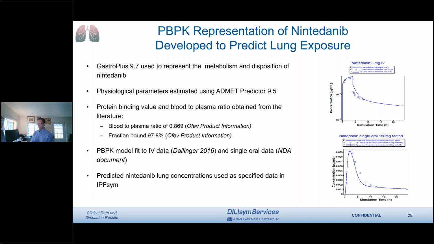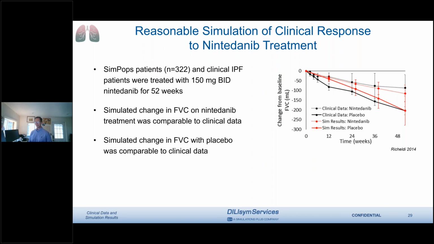So now we have the disease model, the PBPK exposure, and the mechanism of action. Pulling that all together, we're able to simulate that phase 3 trial as well. And again, if you compare especially at the 52-week or 1-year time point, the disease progression in the untreated cohort versus the treated cohort, the comparison of simulated versus clinical data is again really very nice, thereby validating that our model in both directions is working well.